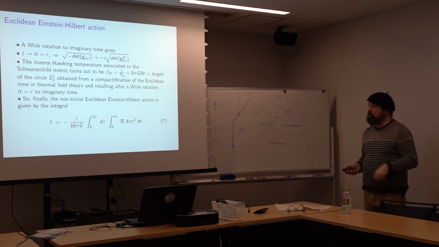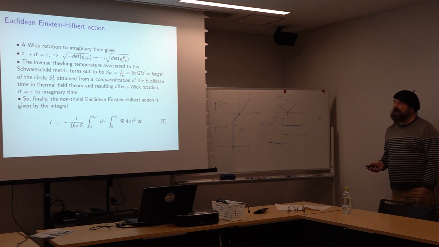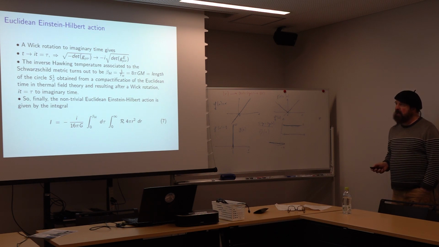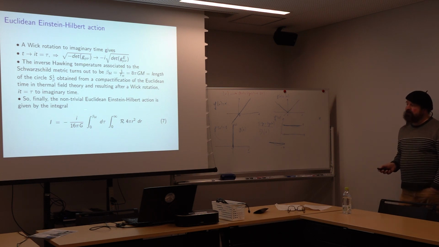So what I'm going to do is that at the end, when I want to evaluate the Euclideanized version of the Einstein-Hilbert action, it's going to be given by this integral. You have a factor of minus i here due to this Wick rotation of my metric. Since I'm going to compactify my thermal interval, my temporal interval is going to be compactified.